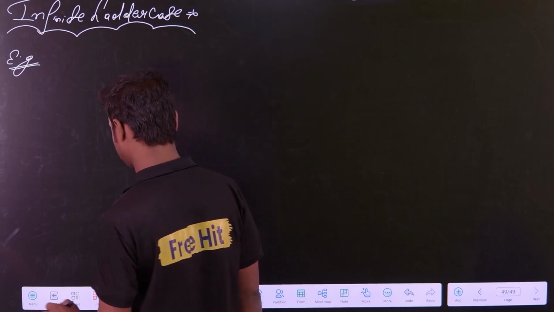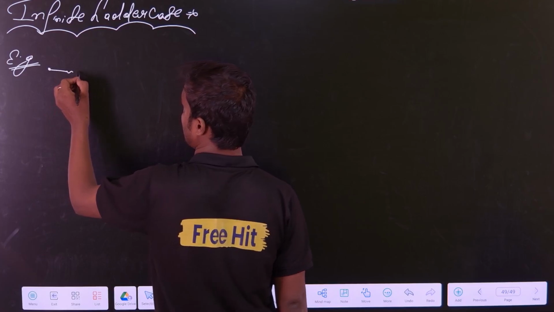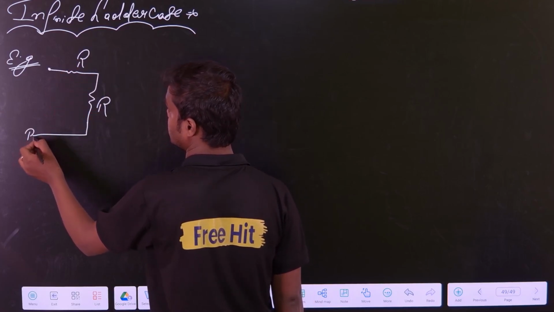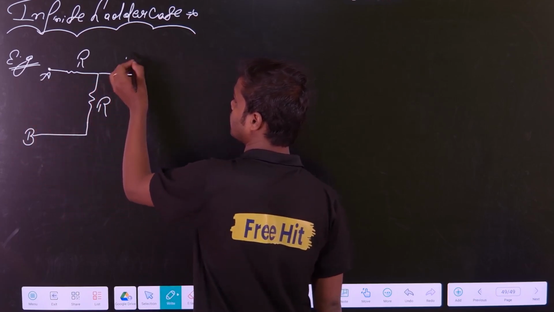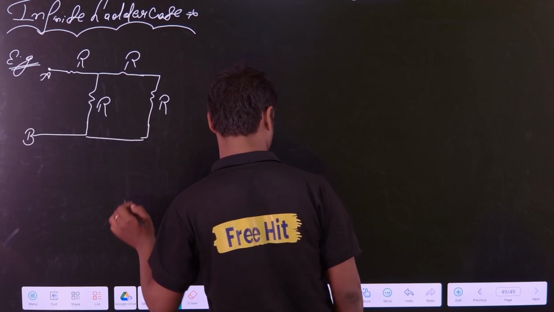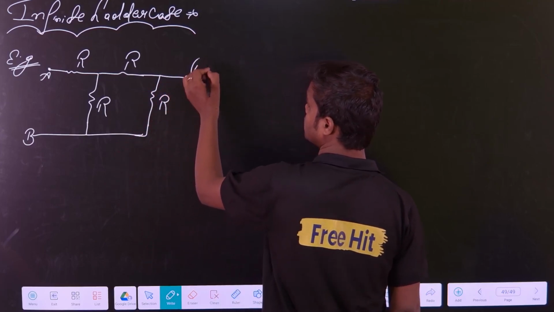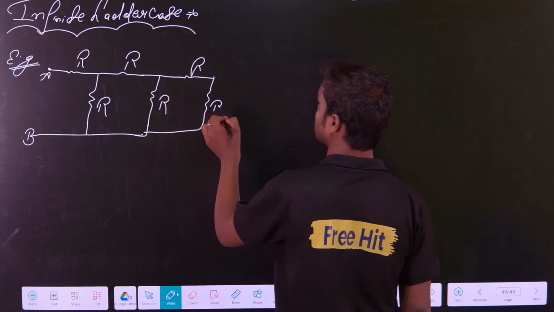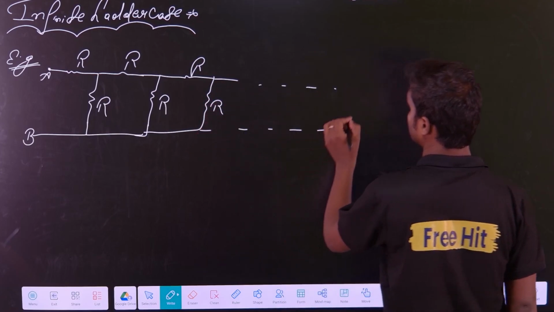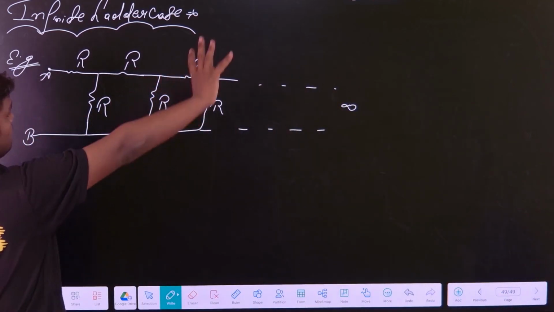Let us take one example, because we have to understand this with an example. Suppose there is a point A, and suppose this resistance is R, and there is another resistance R. Suppose this point is B, this point is A, and we have another resistance R. Suppose this resistance is again R, and suppose this whole thing is repeated up to infinity.